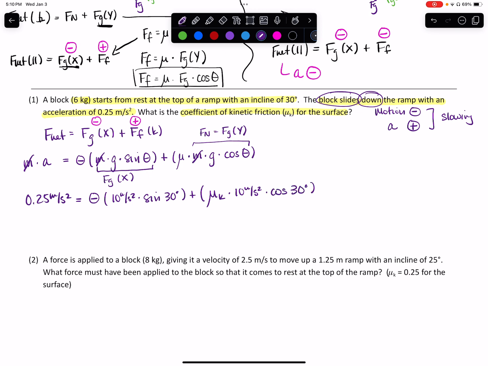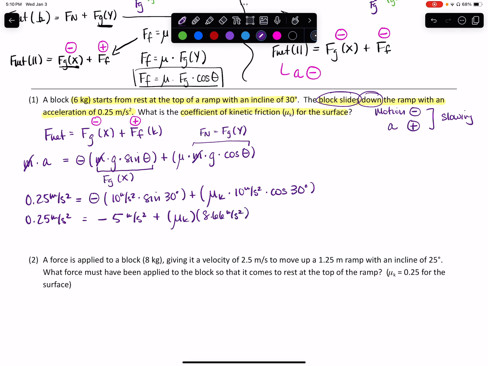All right, so I plug things into my calculator, and I get a negative 5 meters per second squared, plus my unknown coefficient times 8.66 meters per second squared.